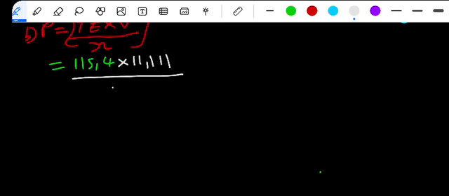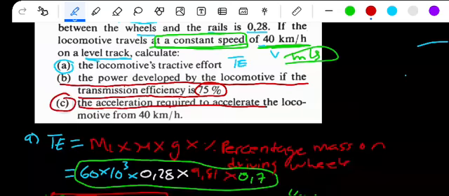Let's check. We have part C there, which says the acceleration required to accelerate the locomotive from, now they say from, that means we take it as an initial velocity.